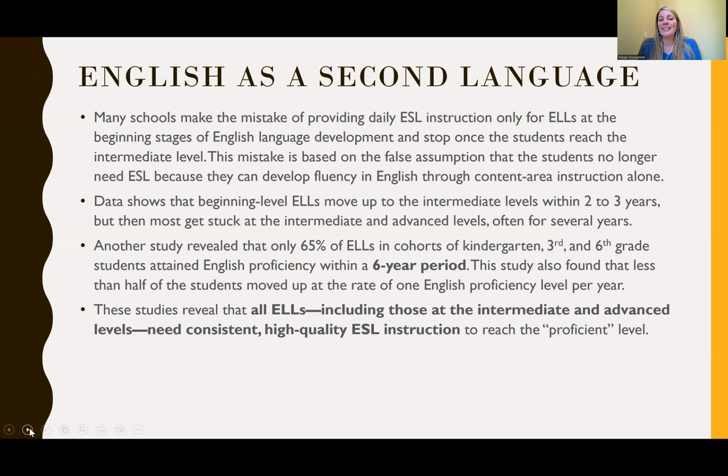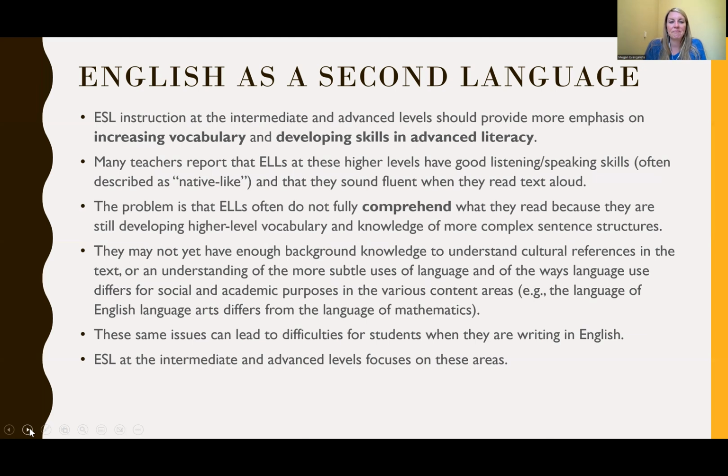I love seeing this data that supports us, that says students need time, a 6-year period. These studies reveal that all English learners, including those at the intermediate and advanced levels, need consistent high-quality ESL instruction to reach that level of proficiency.